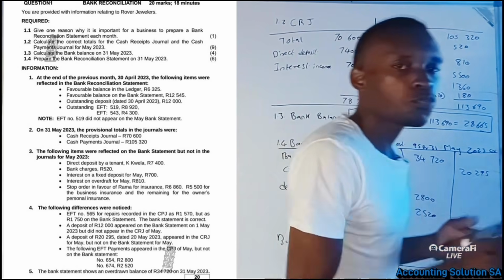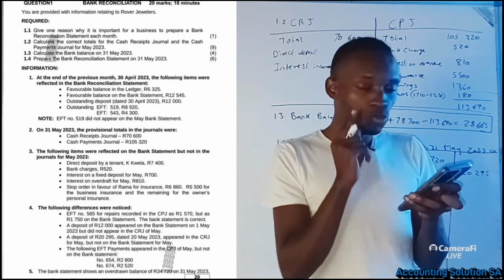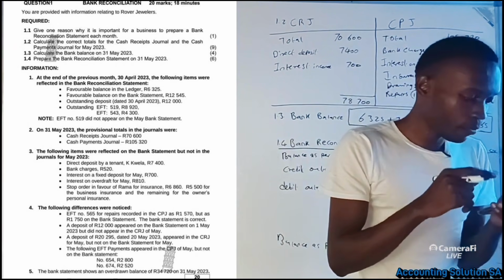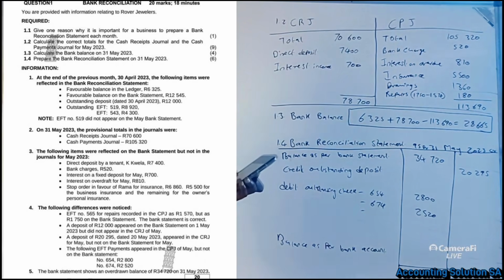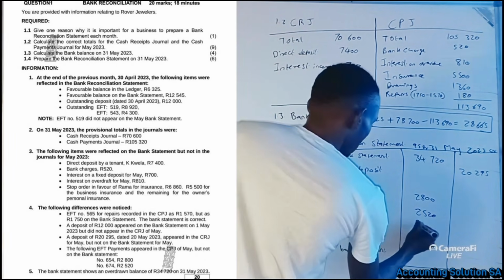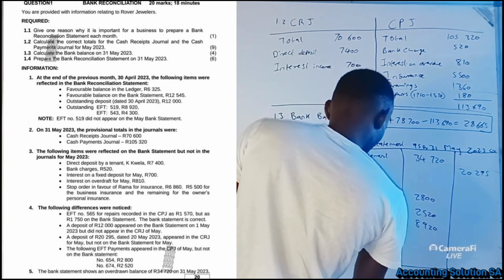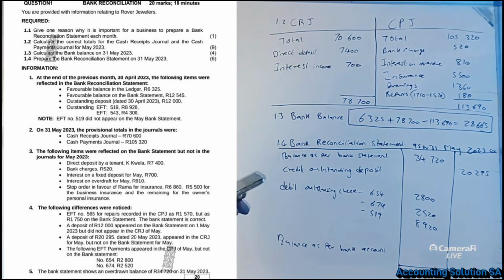But guys, we also have to go on the previous statement and check. Remember on number 1, they said note, EFT number 519 did not appear on May bank statement, which means that EFT number 519, we have to check it. Amount is 8,920. We have to go and record this. 8,920. Check number 519. Just like that.